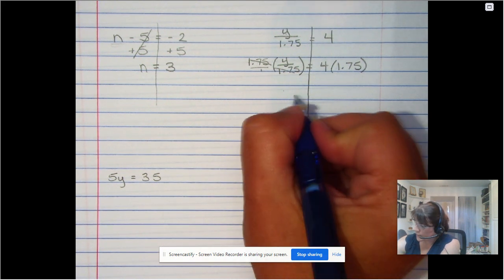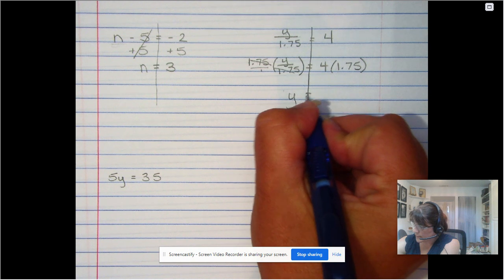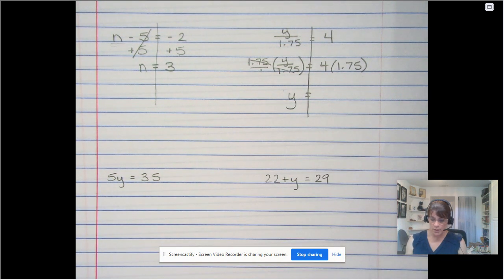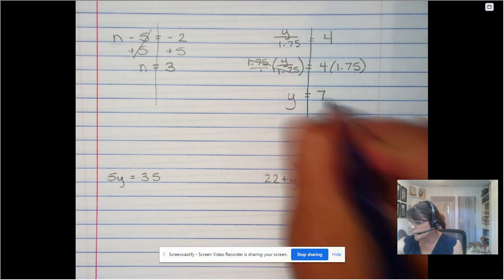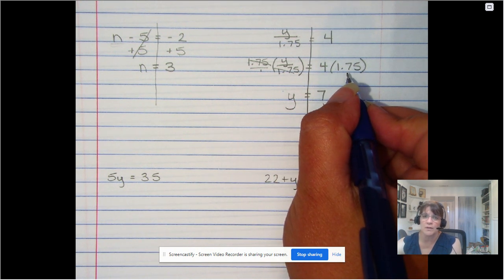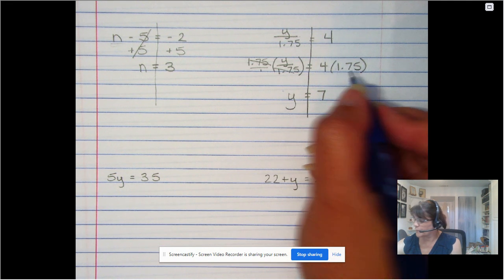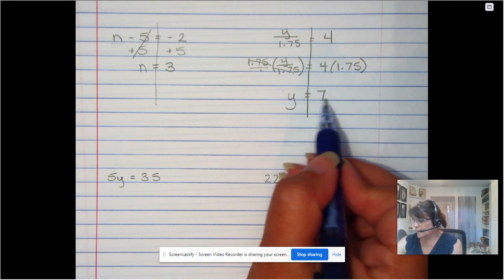So we're left with y equals, well, 4 times 1.75. And feel free to use calculators if you want to. You should be able to do that one on paper, but I can't do it in my head at this point on whatever day we're on. So the value of y is 7.